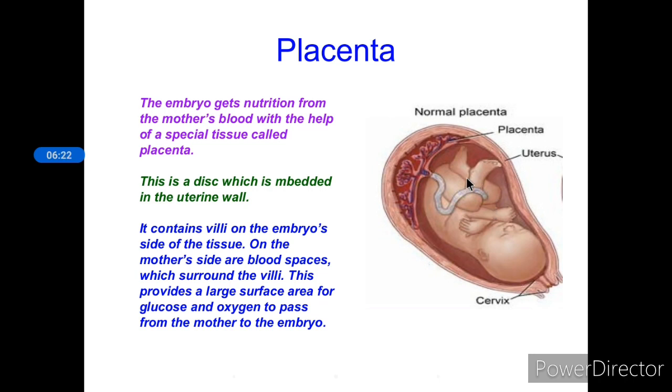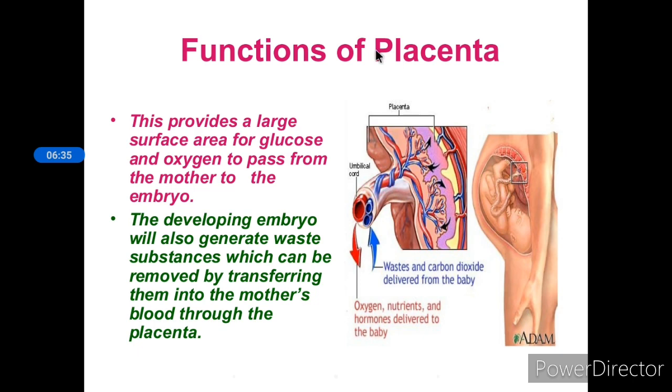So that is important about the placenta, which is a special tissue which helps in giving nutrition from the mother's body to the growing embryo. And what are the main functions of the placenta, which we already discussed? It provides a larger surface area for glucose and oxygen to pass from the mother's body to the baby.